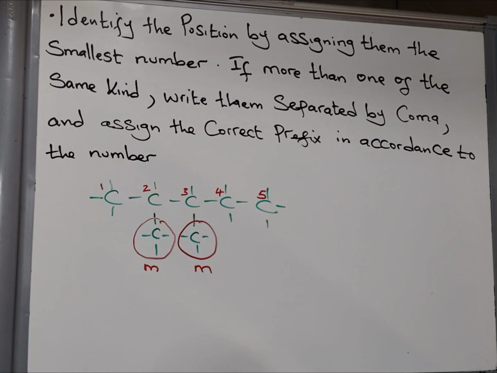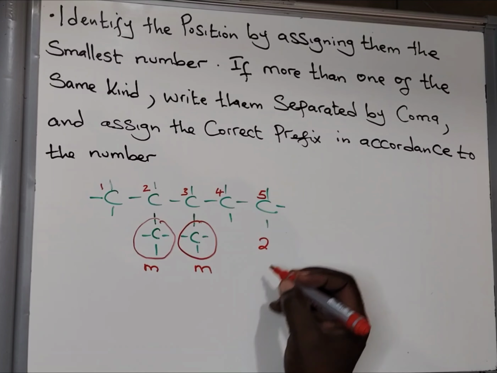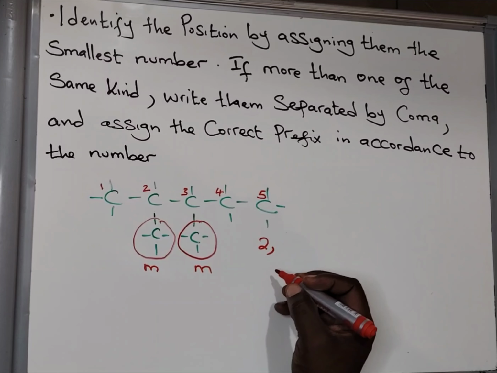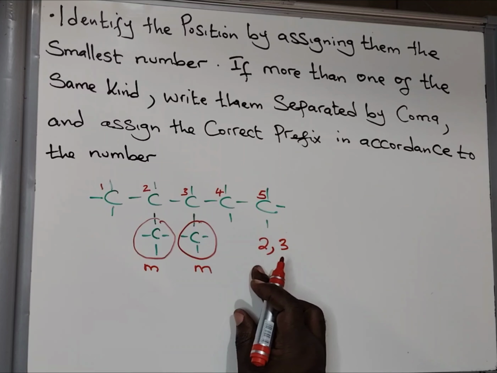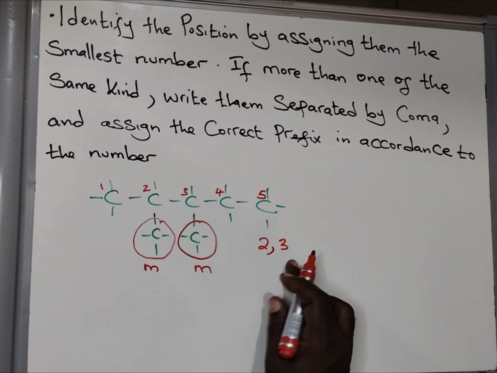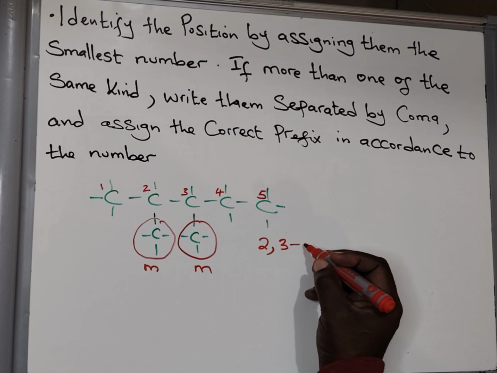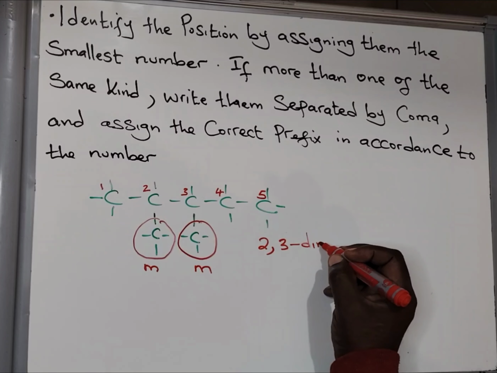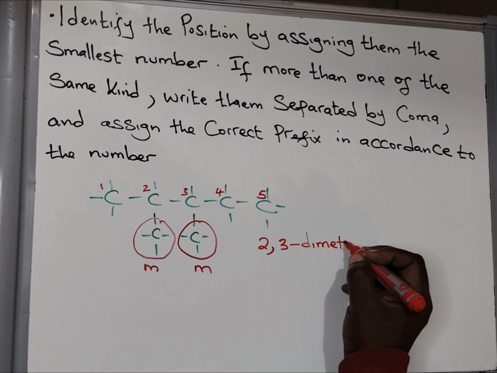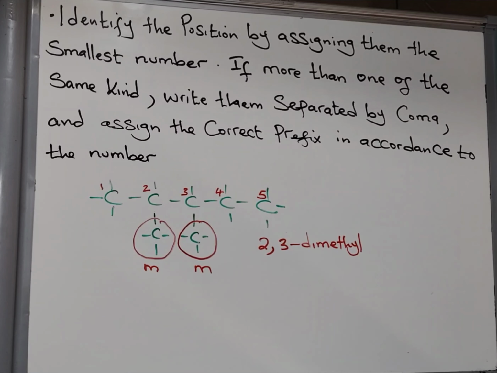And so the name becomes 2,3, because from a number to a number you use a comma, and from a number to a word you use a dash. So it's going to be 2,3-di, because there are 2, methyl. That's how we deal with the branch.